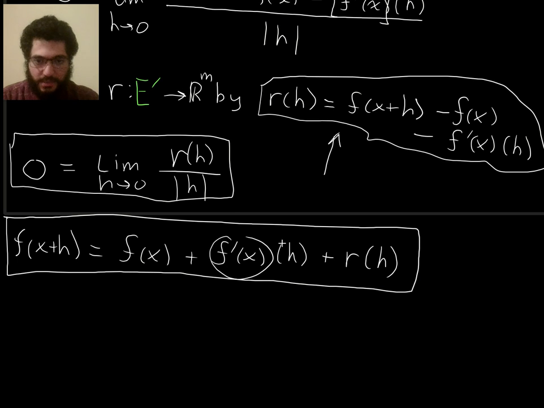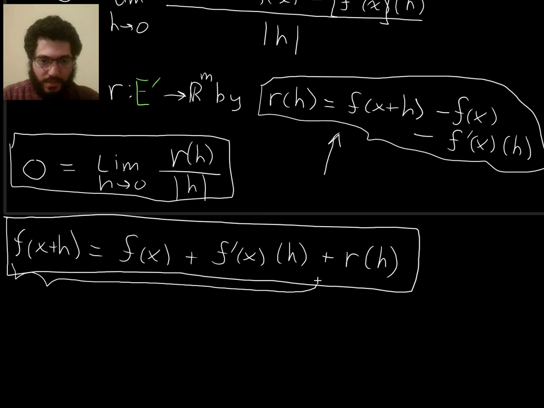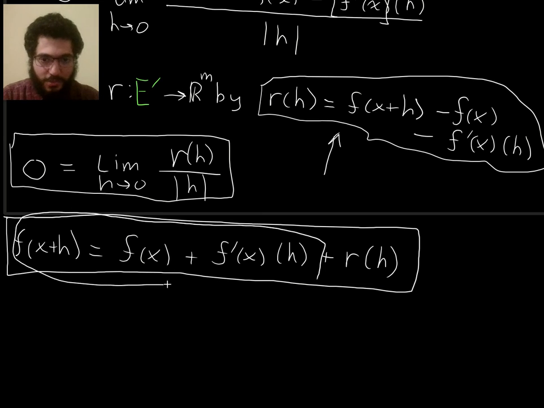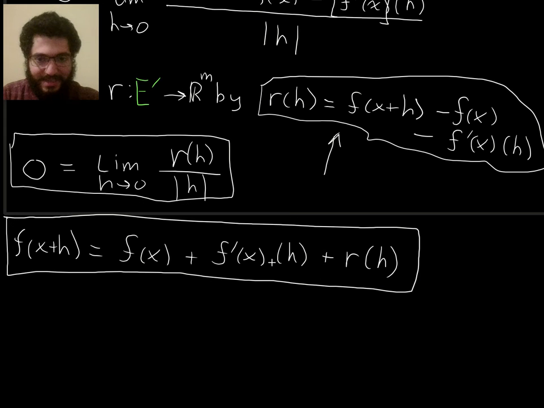You input into this linear map h, which is the displacement vector between x plus h and x, and you have basically this equation almost holding, with the remainder being r of h.